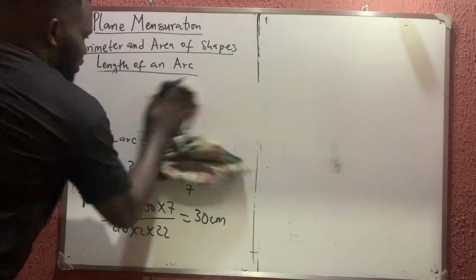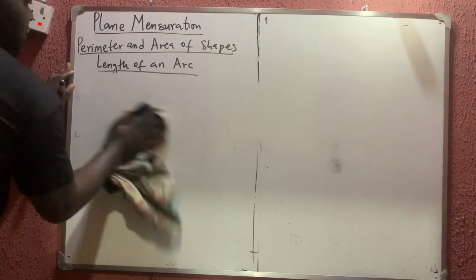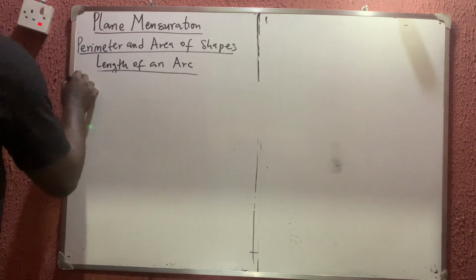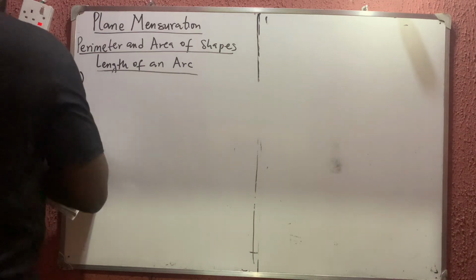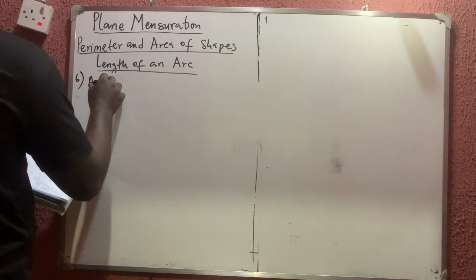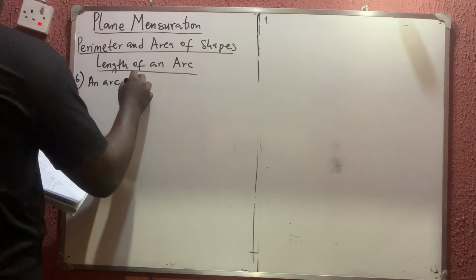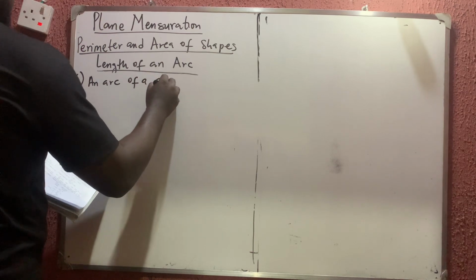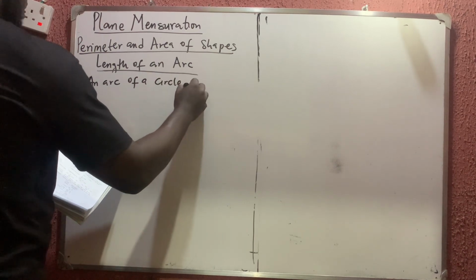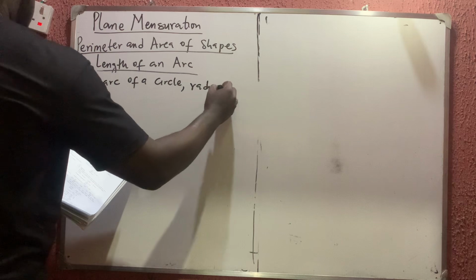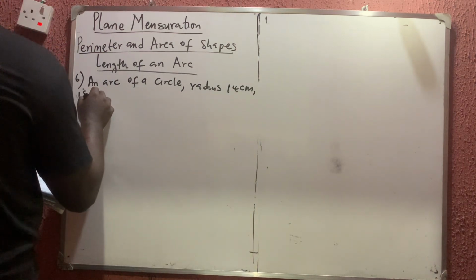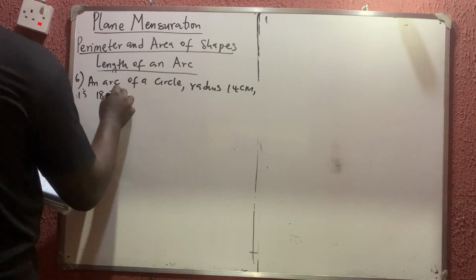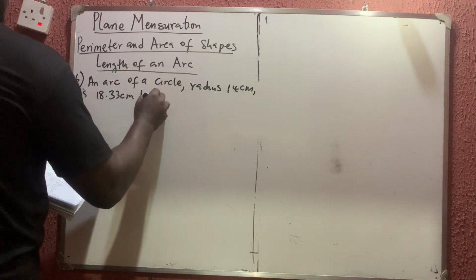We move to question number 6. Question number 6 said an arc of a circle of radius 14 cm is 18.33 cm long.